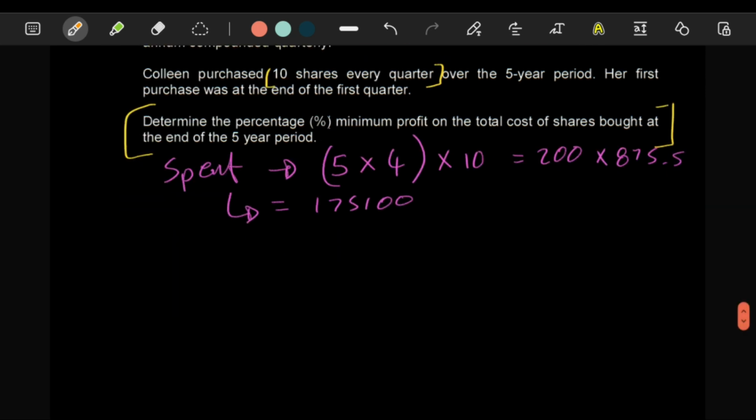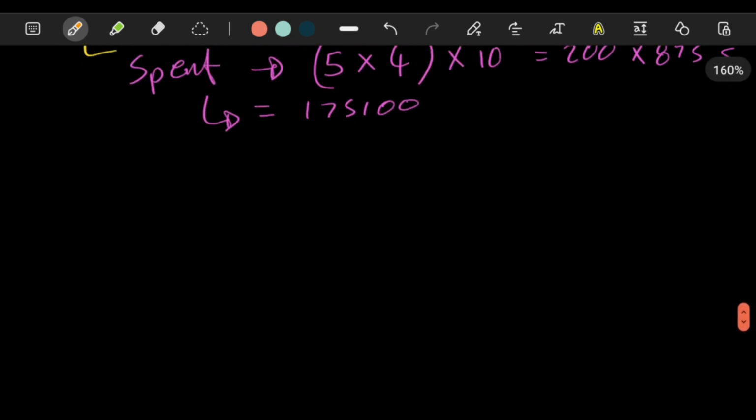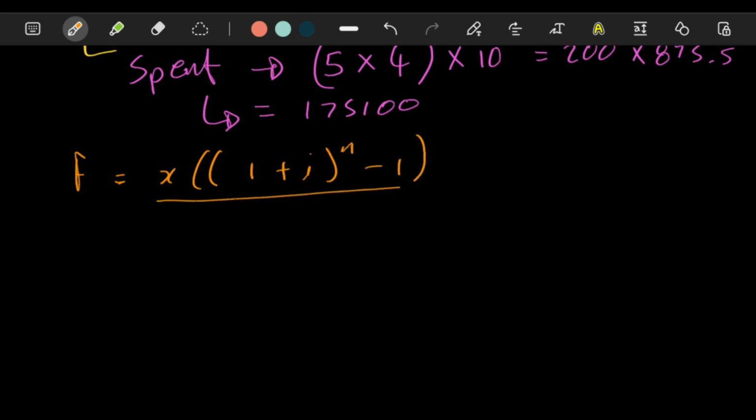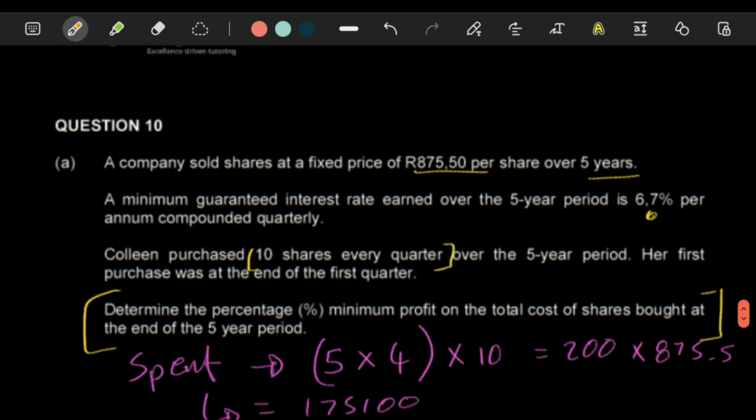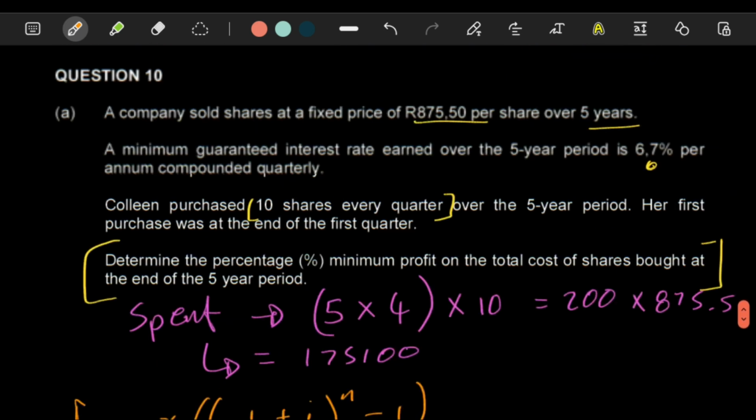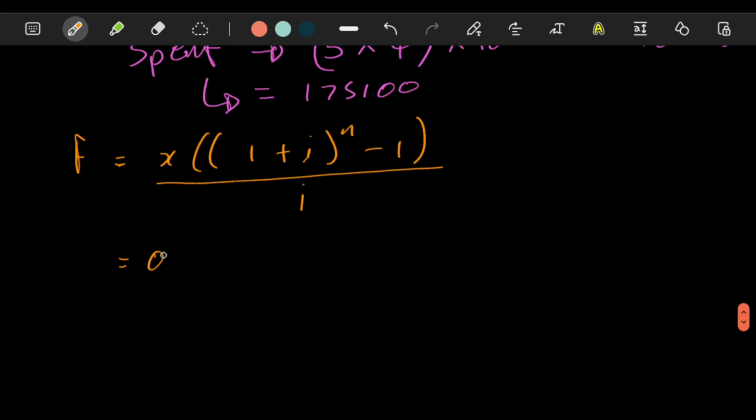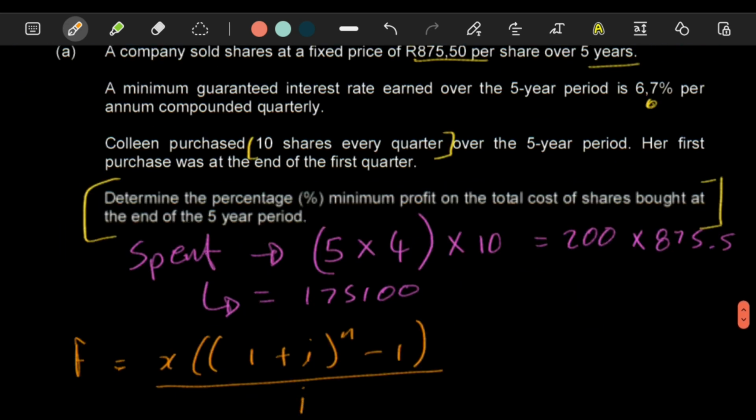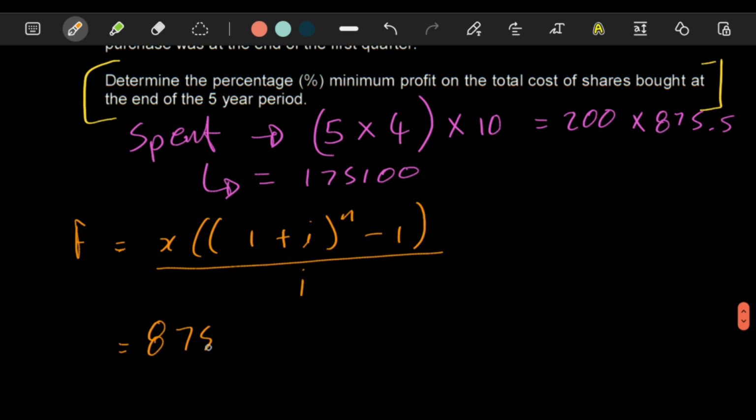This is going to be a normal F formula scenario because it's her shares. You can almost think of it as monthly investments or whatever. So here F is equal to X times 1 plus I to the power of N minus 1, the whole thing over I. And here X, you want to remember that every quarter she's buying 10 of them. So every quarter she's paying 8,750.